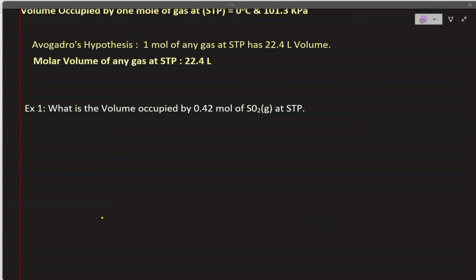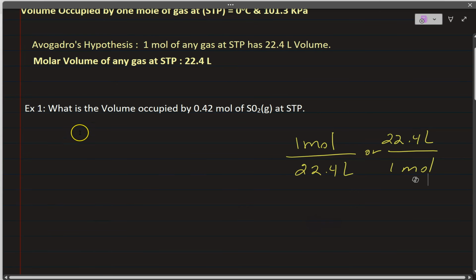Either you can go 1 mole divided by 22.4 liter, or you can do 22.4 liter per 1 mole, whichever you want to use, depending on the question. This is the ratio.